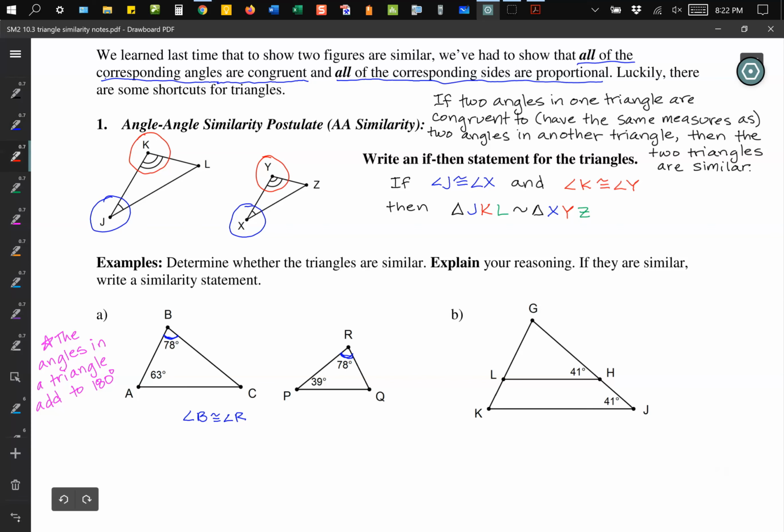So what I'm going to do is I'm going to figure out how big angle C is. I'm going to add together the two angles I know. So that gives me 141 degrees. Subtract that from 180 degrees. And that gives me 39 degrees.